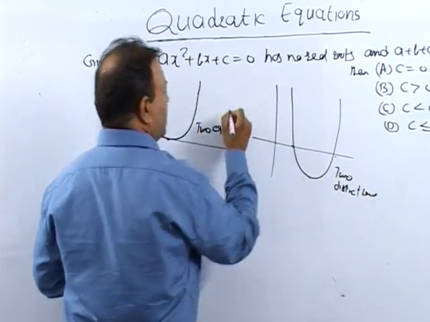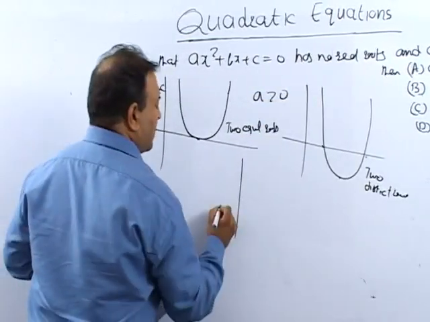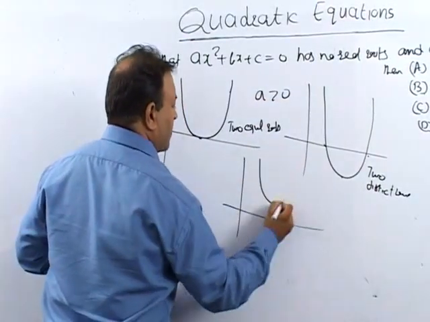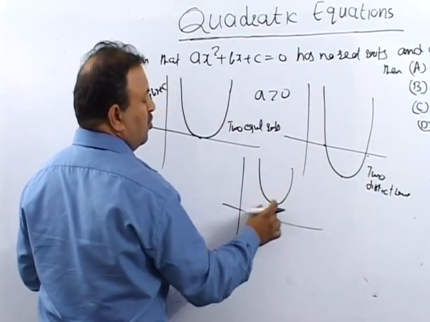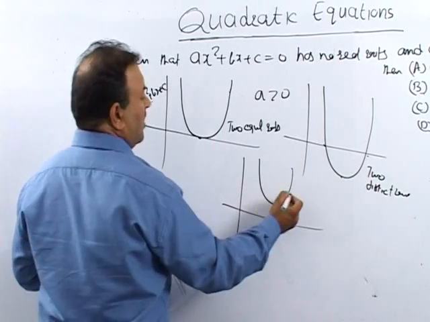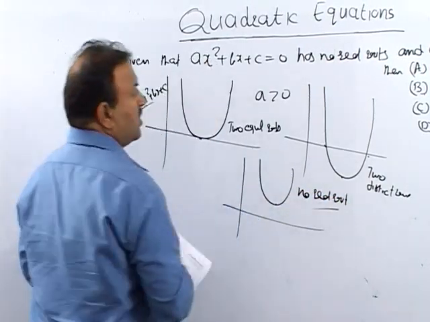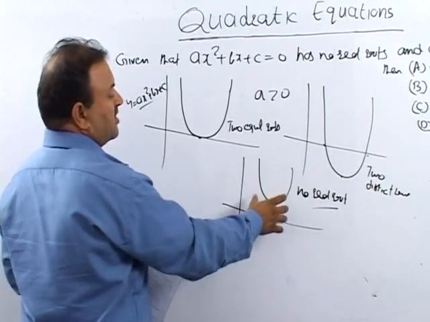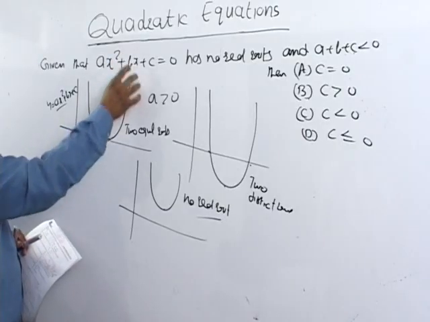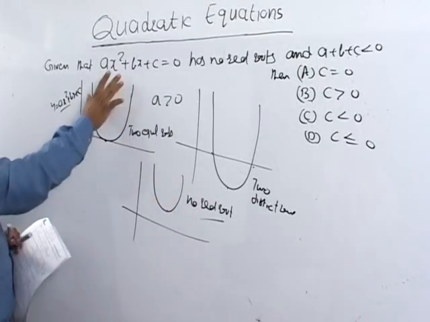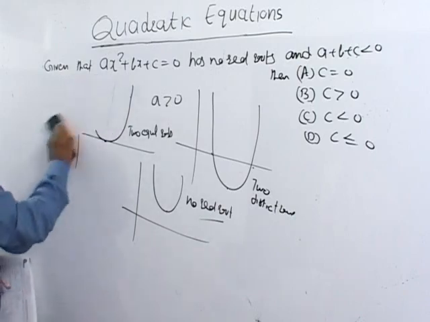And in both these cases, a greater than 0. And in case the curve does not meet the x-axis, it means it has no real root. So this is the case. We can presume the general graph of the curve will be like this one, since it has no real root.